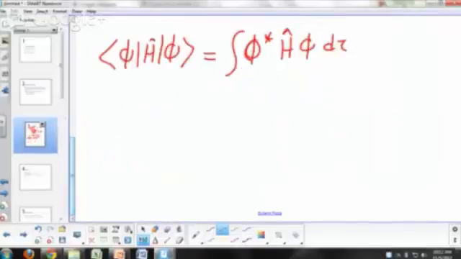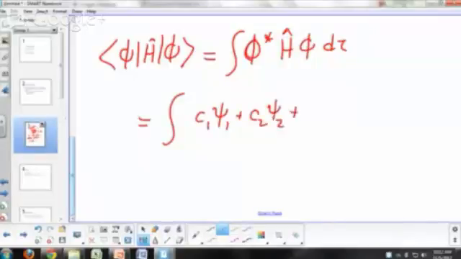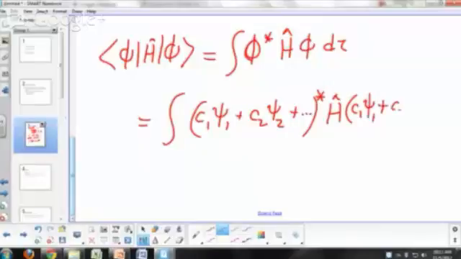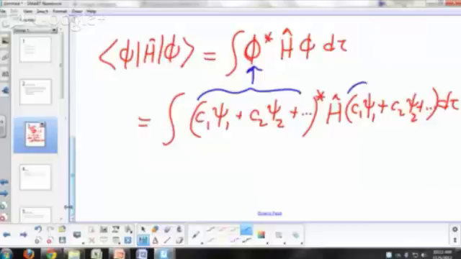So that's going to be equal to the integral of C1 psi 1 plus C2 psi 2 and so on, star, h hat, C1 psi 1 plus C2 psi 2 and so on, over all space, right? So all I did here was substitute for phi.